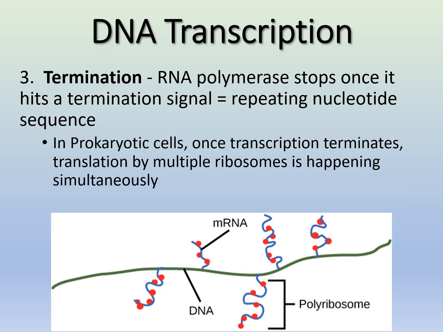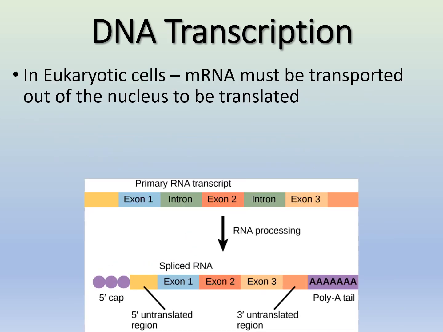So we'll talk more about translation in a minute and the ribosomes, but just know that in prokaryotic cells, transcription and translation are really happening kind of simultaneously. So that's going to be a little bit different in our eukaryotic cells, right? So we'll talk about the differences there.